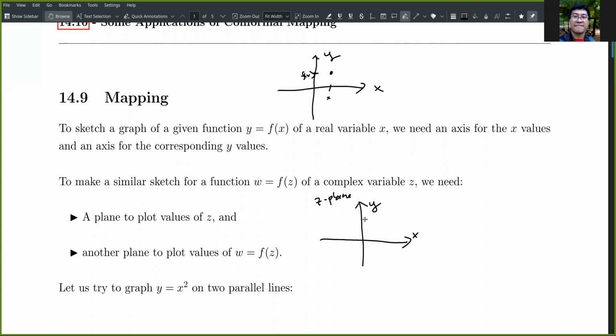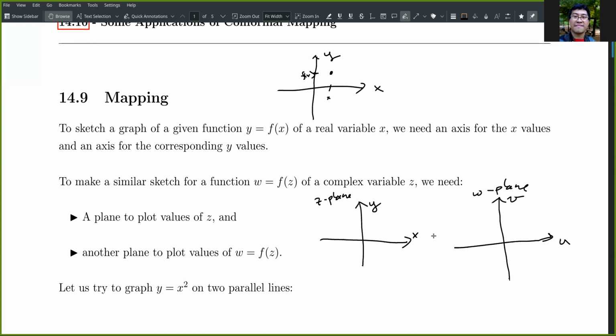Now, if you add another plane, that would give the total dimension as four, which is impossible to draw, even to visualize. So we write down the other plane, the w plane, separately. We call this horizontal axis u, vertical axis v.